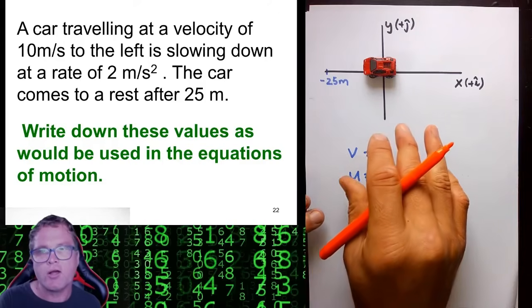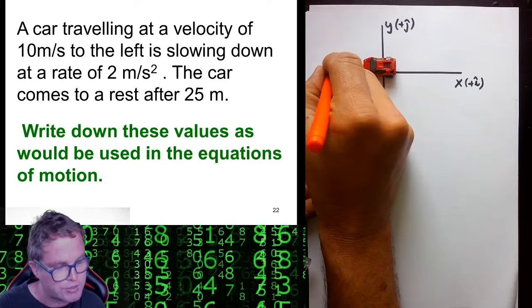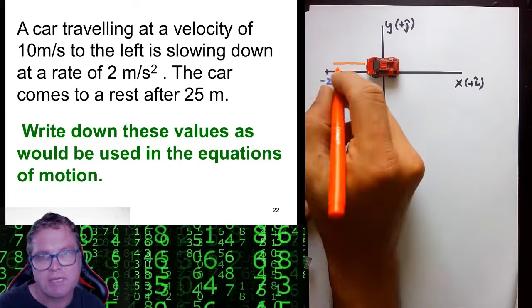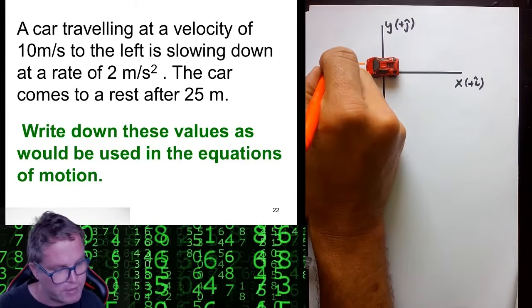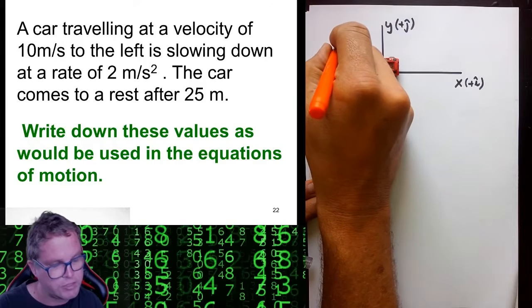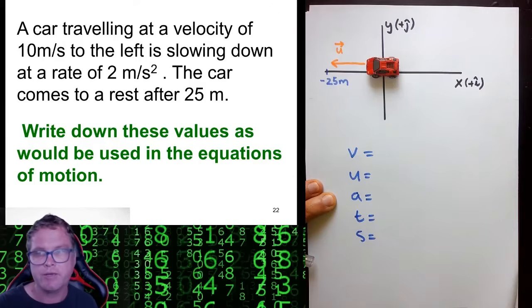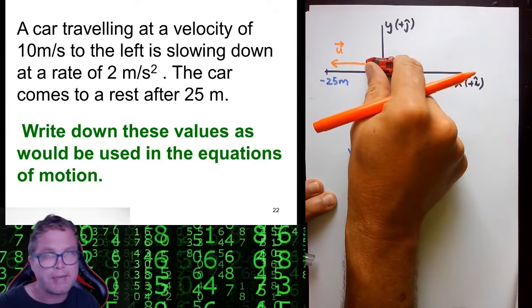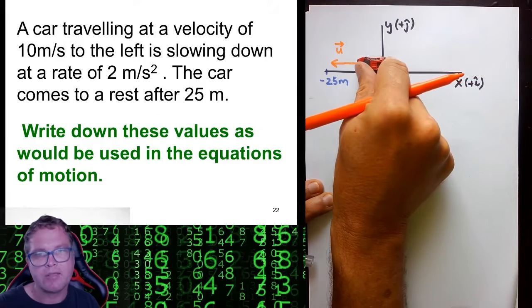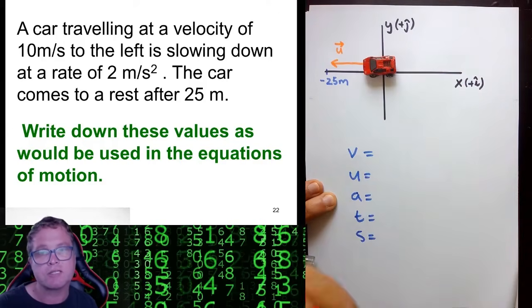The car is traveling with a velocity of 10 meters per second to the left. So this means that when it starts off, it has an initial velocity pointing to the left, in that direction. And it says that the car is slowing down. So if the car were speeding up, then the acceleration would be pointing in the same direction as the initial velocity.